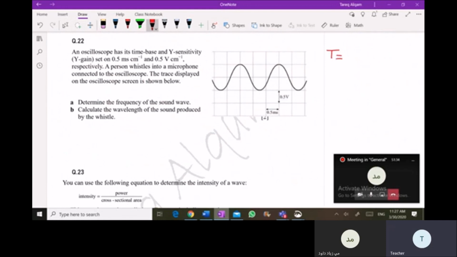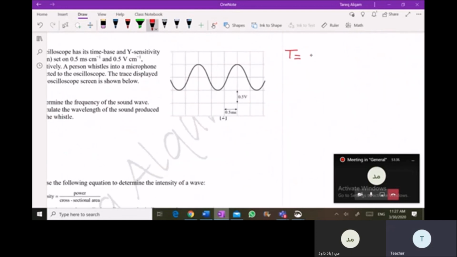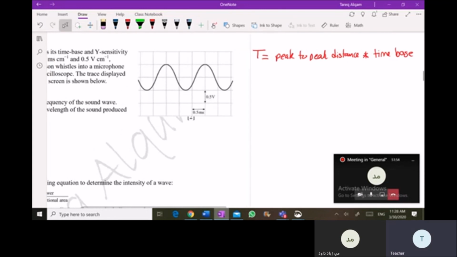In order to find the frequency, I have to find the period. In order to find the period, I have to measure the peak to peak distance. Then I have to multiply it by the time base. Consider this high peak to peak distance.